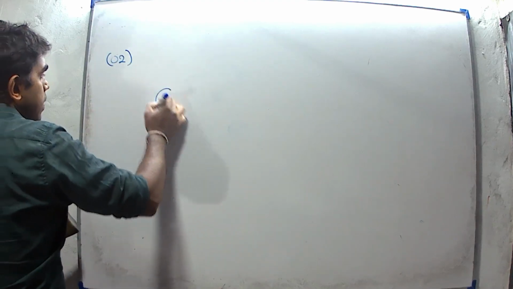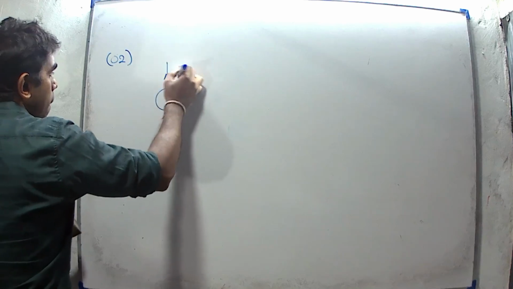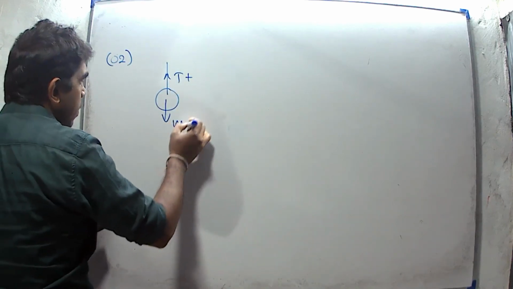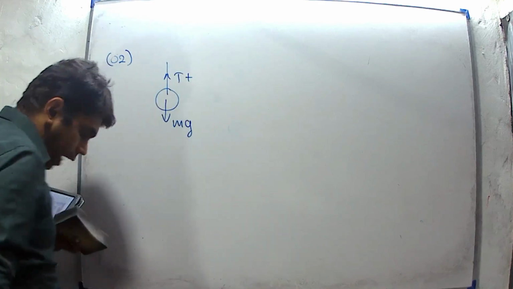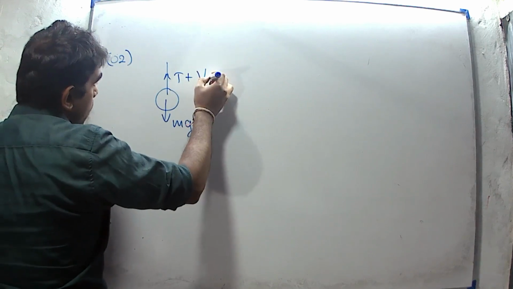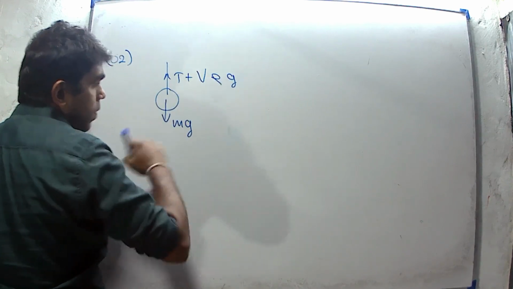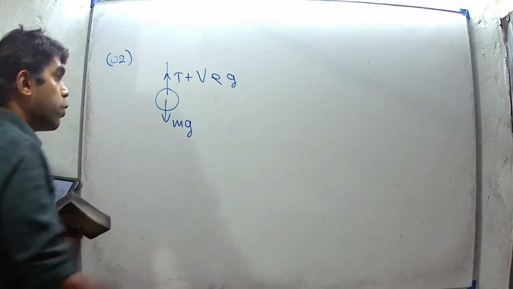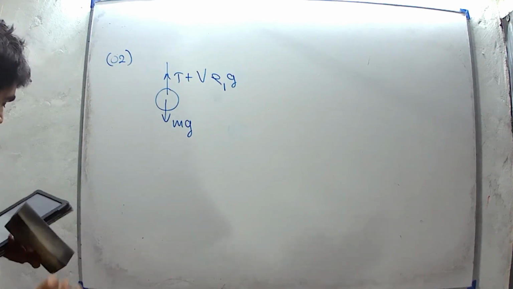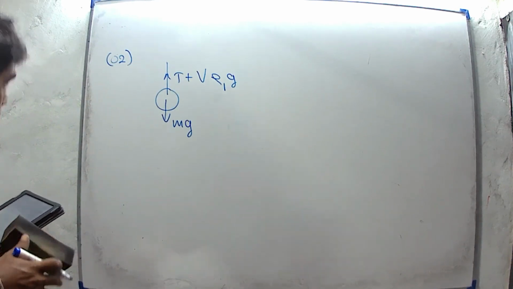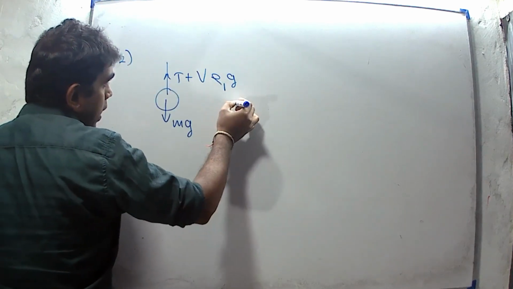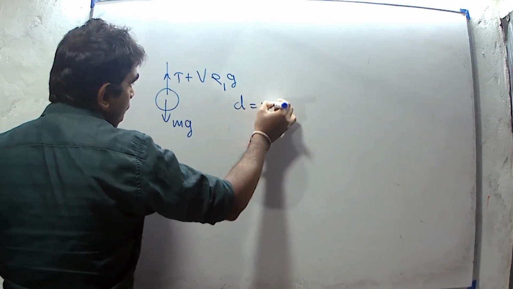We can consider equilibrium of the object: weight mg, given in the question, and an upthrust Vρg, where V is the volume. Here ρ1 is the density of the liquid. Now for this object, density equals mass divided by volume.